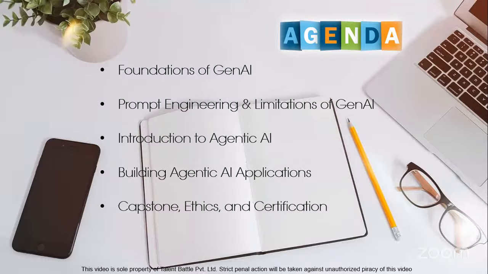Everything in detail we will be discussing, don't worry about that. Then how the ecosystem of Gen AI works, the OpenAI structure. There are a lot of available options in the market such as Google Gemini and Meta Llama. All these things we will be working on.